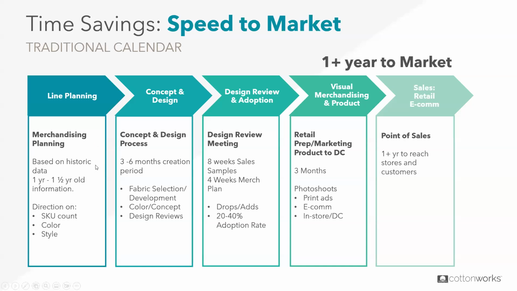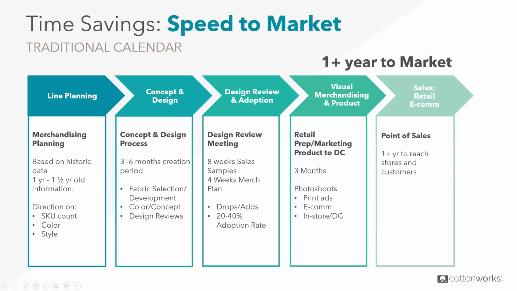And a few things to just look at here. In line planning, traditionally, decisions are made about styles, colors, and SKU counts based on data that could be over a year old. And then the concept and design process can be a 3 to 6 month period for just the design process, followed by 8 to 12 weeks for sample review.